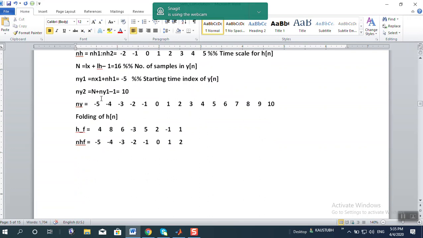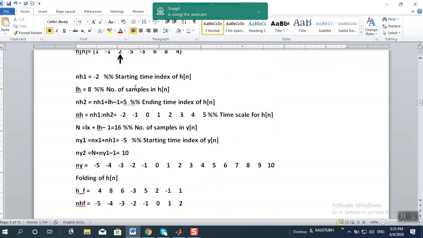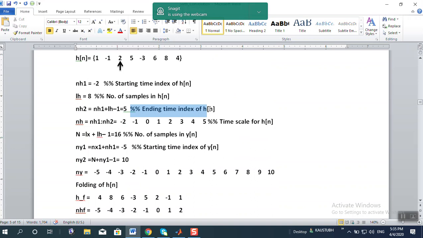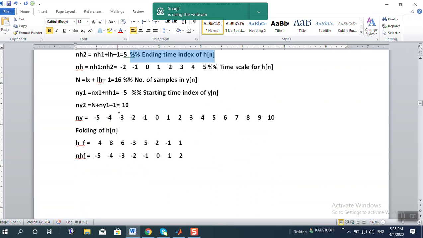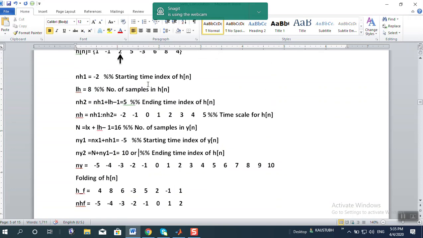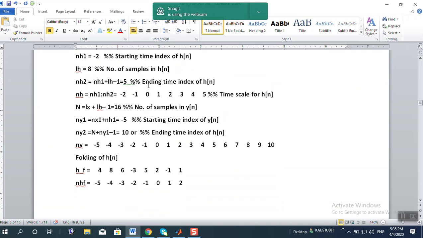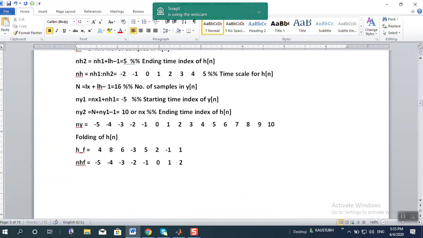Okay, and the ending time is the number of samples plus starting time minus 1, or we can also calculate it as the ending time of x, nx2, plus nh2. That would also be correct.